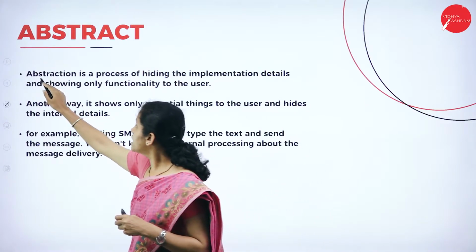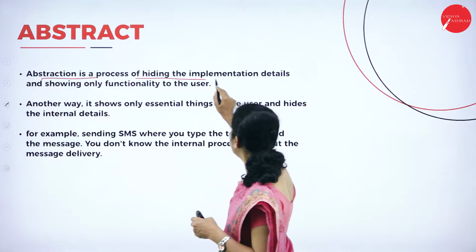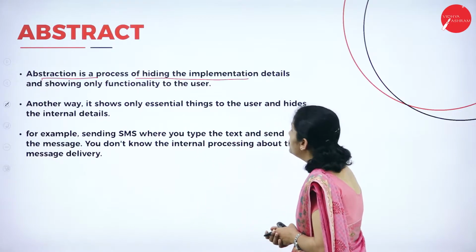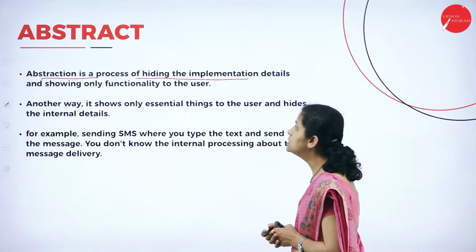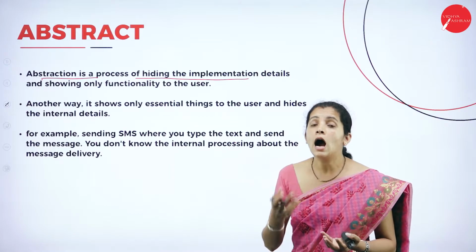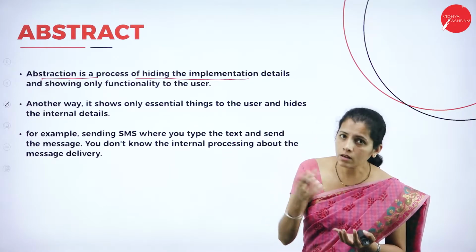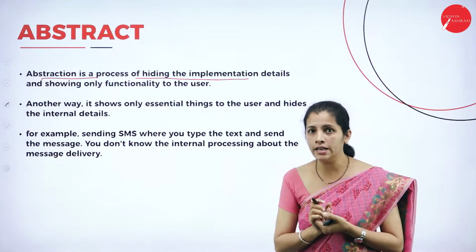Now, abstraction is a process of hiding the implementation details and showing only functionalities to the user. Abstraction means hiding: hide the information from the user and just show the functionality.